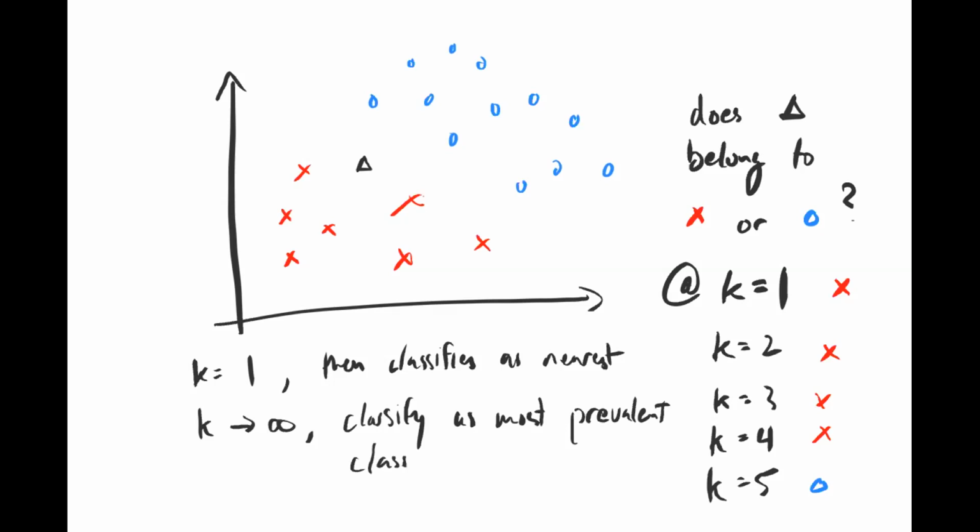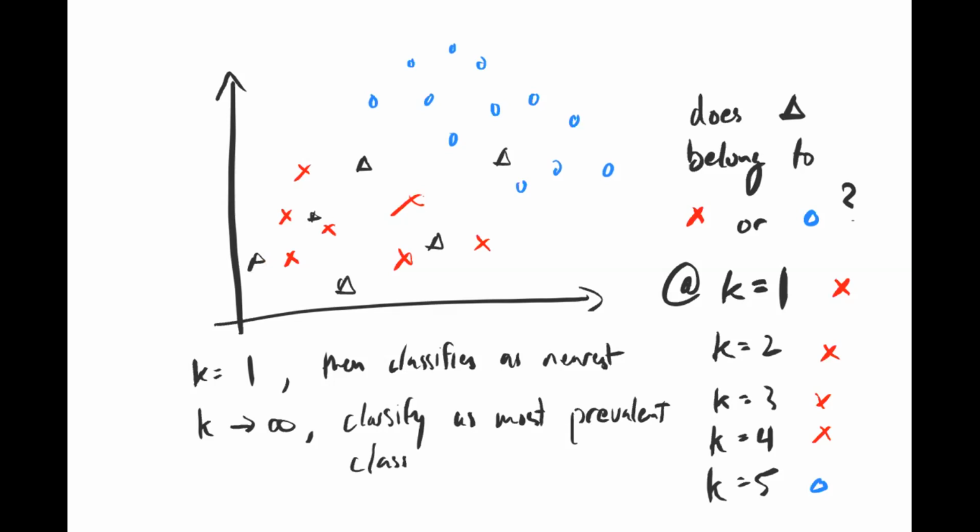If my k were infinity, then no matter where I put my triangle, even if I'm in the middle of all my red pieces, it's always going to be blue, because there are more blue points than there are red points. Because you're looking at basically all the neighbors and classifying it.